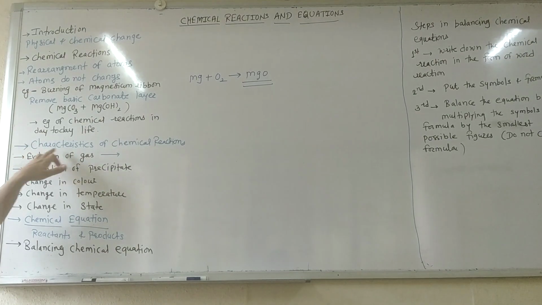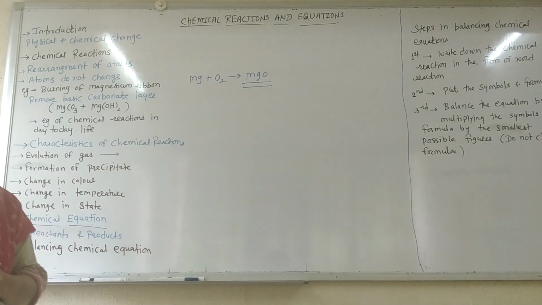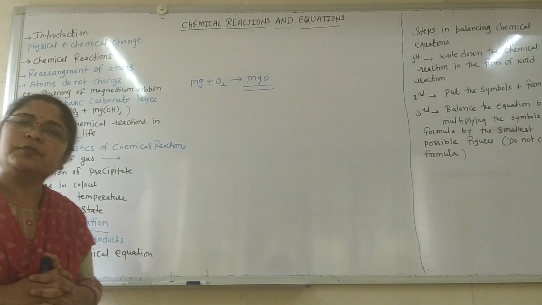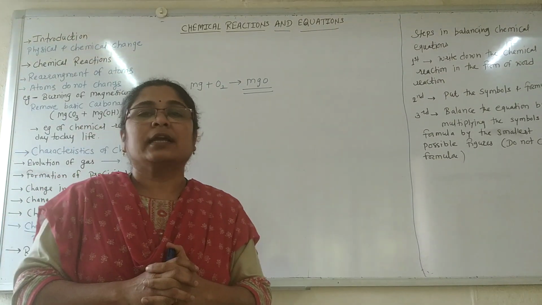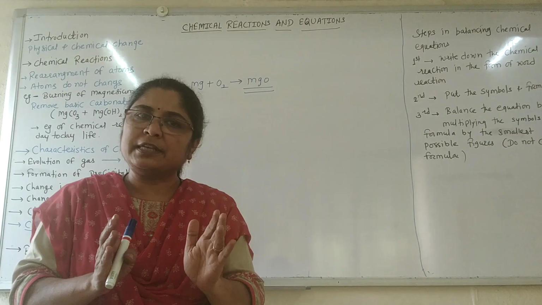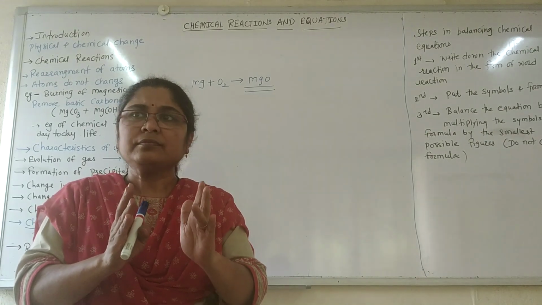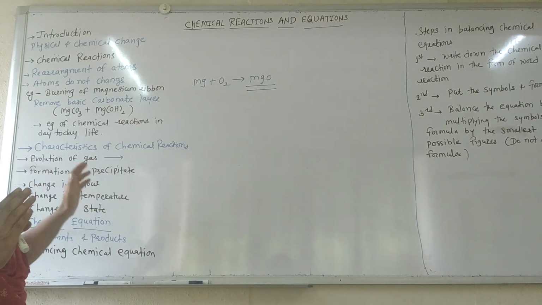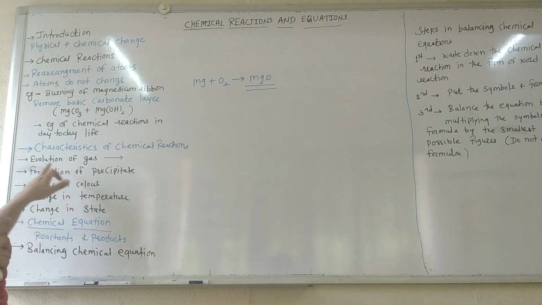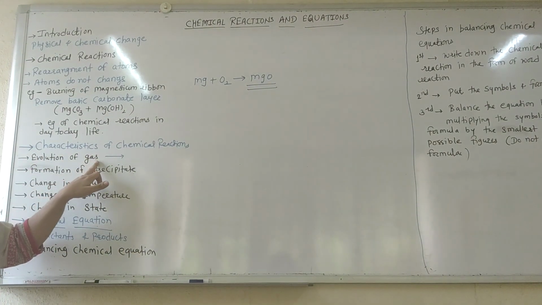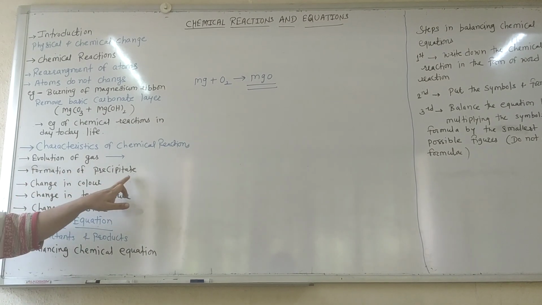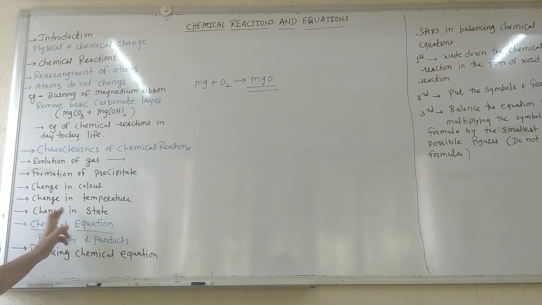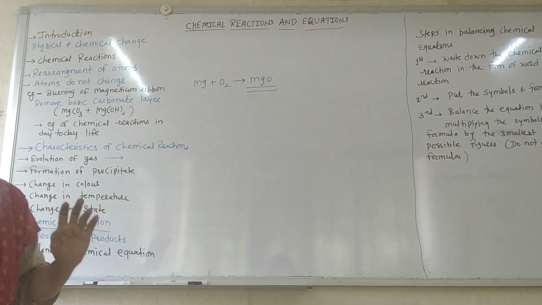Let's see the characteristics of chemical reactions. Chemical reactions take place in a certain environment, and there is evolution of gas, formation of precipitate, change in color, change in temperature, or change in state of matter.